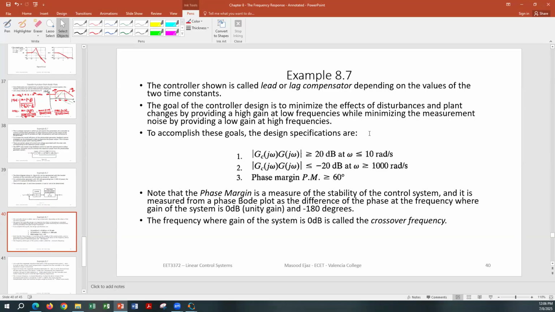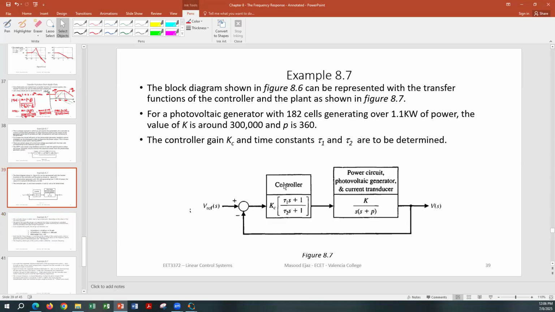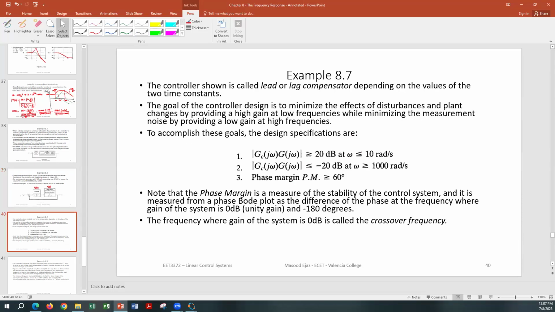To accomplish these goals, we have specifications that the magnitude of the gain for GC and G, so this is GC and G, it's not written here, but it's pretty obvious that this is GC(s) and this is G(s), as a function of frequency should be greater than or equal to 20 decibel for frequencies less than or equal to 10 radian per second.